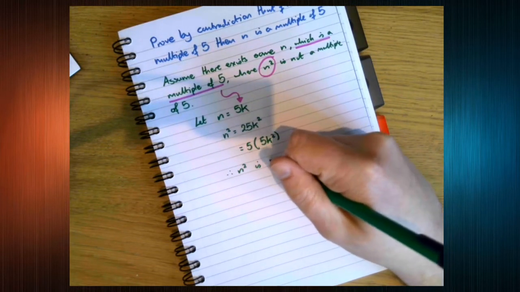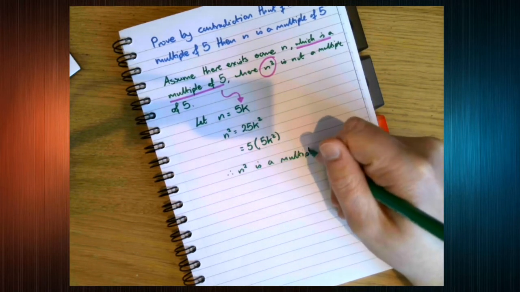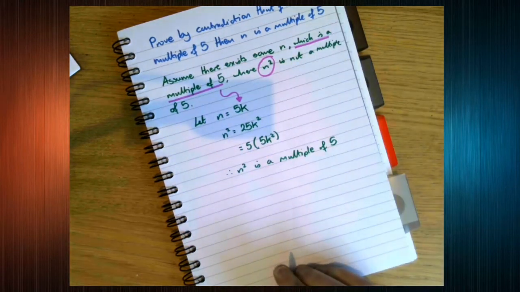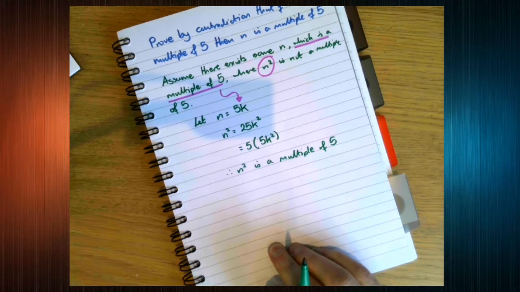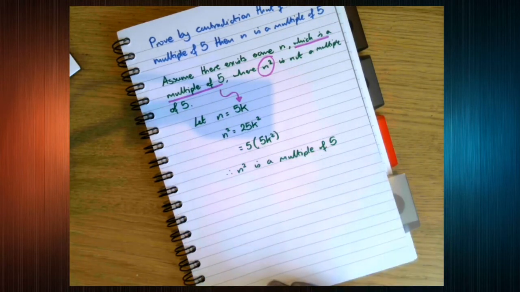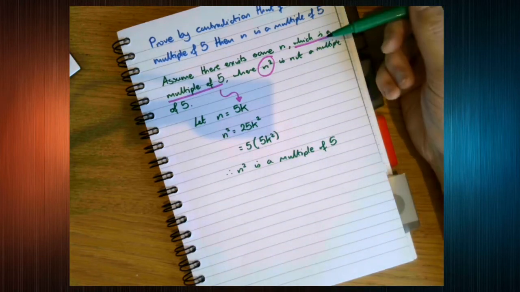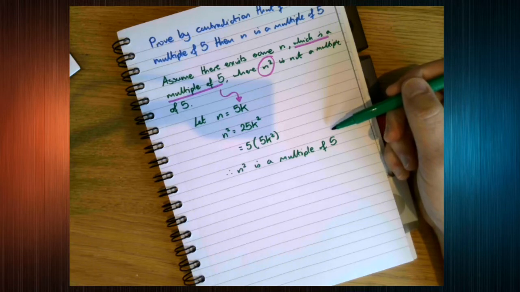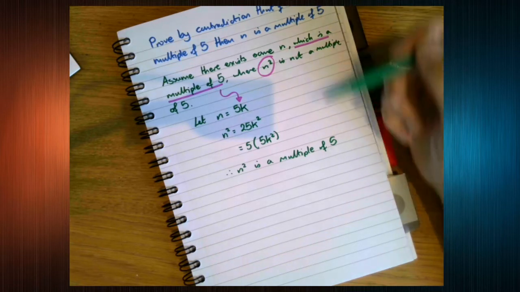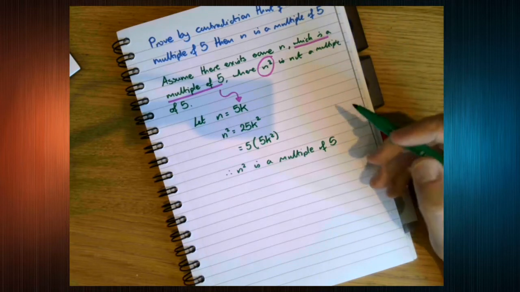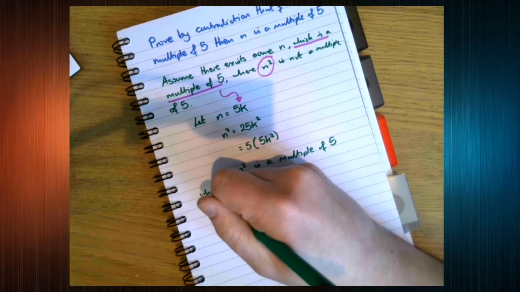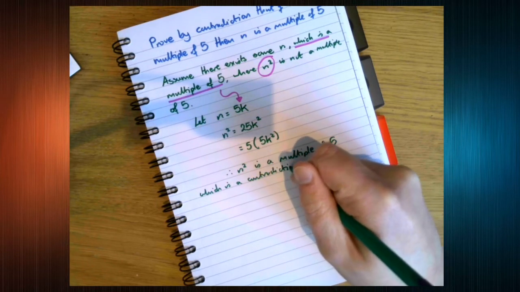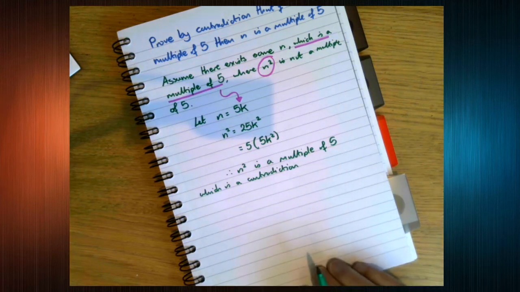So n squared is a multiple of 5. Well, we said it's not, but we've proved it is. This is our contradiction, because our assumption said that this can't happen. We've proved that it must, so there's our contradiction. Okay, that is a contradiction.